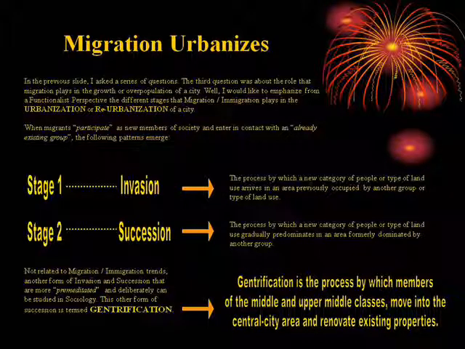The second stage, succession, is the process by which a new category of people or type of land use gradually predominates in an area formerly dominated by the other group. So, invade, succeed. Invade, take over.